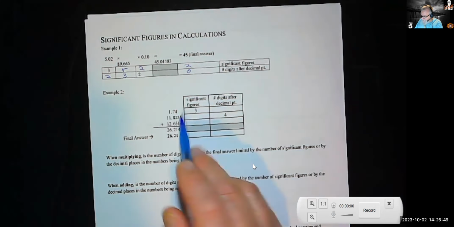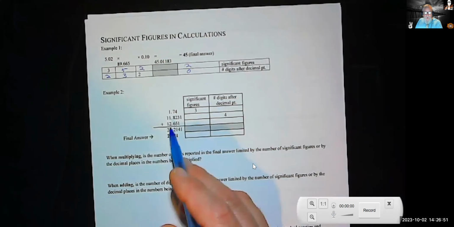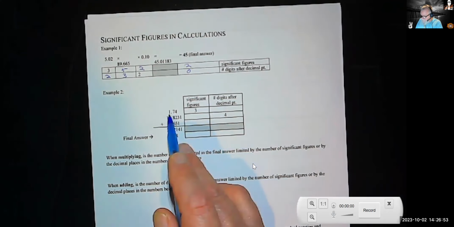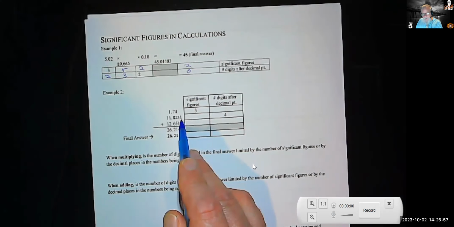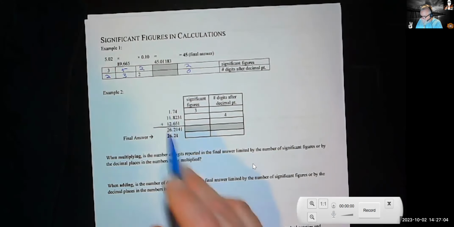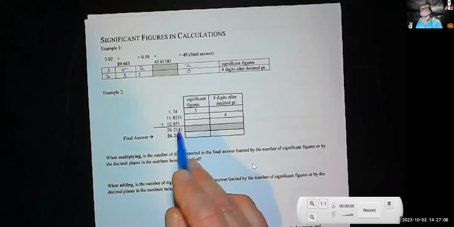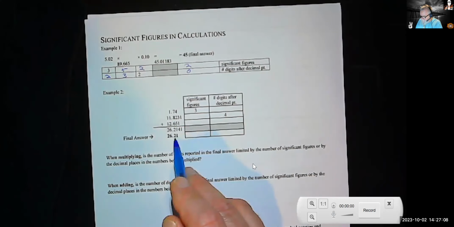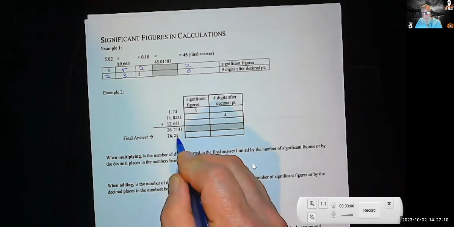Okay, so let's look at these numbers here. We're going to add 3 numbers together: 1.74, 11.8231, 12.651. And so those are the numbers we're adding up. This is what we'll get from our calculator. And then we're going to round it to the hundredths place.